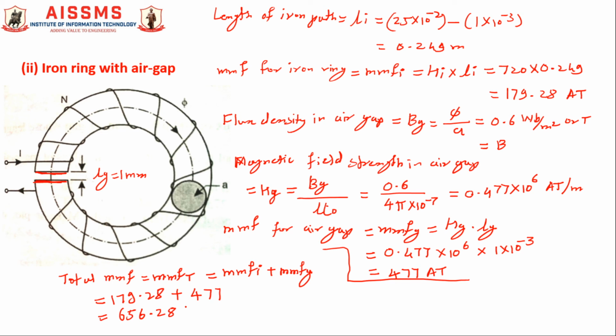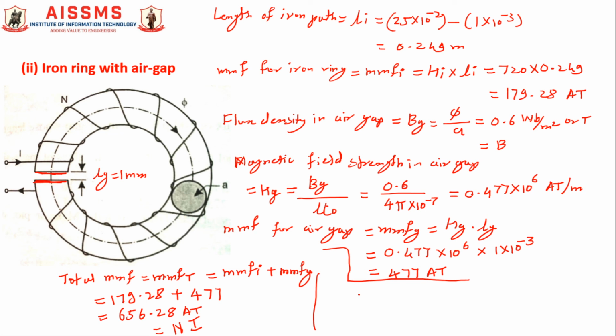Once we calculate total ampere turns or total mmf, we can easily find out the current flowing through the coil. Therefore, total mmf is equal to N into I, where I is the new current.